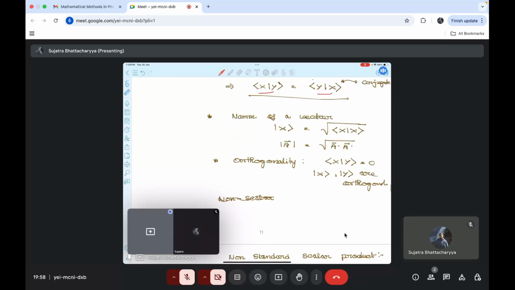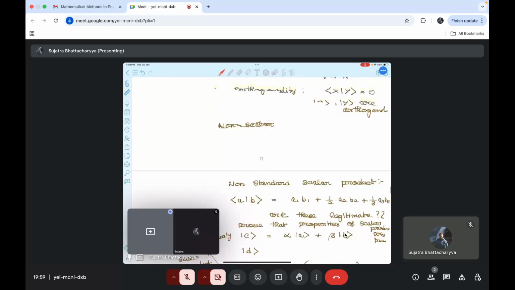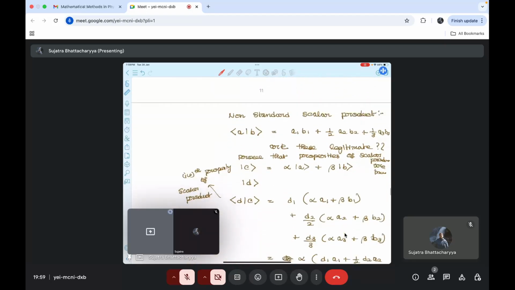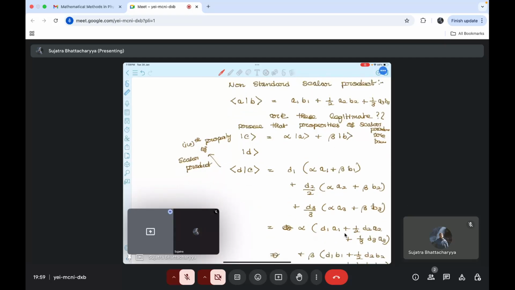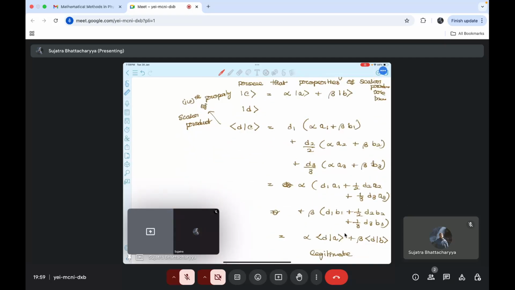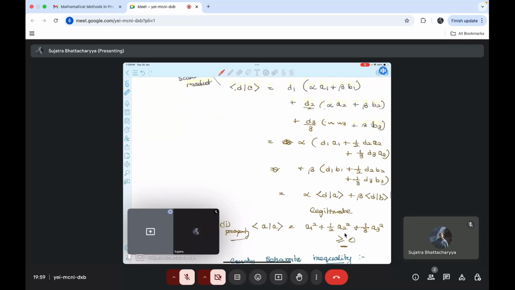The norm of a vector is also defined via the inner product, and then we saw the non-standard scalar products, and they are also legitimate by proving the following laws: it should be commutative, its own inner product should be greater than or equal to zero, and the distributive property.